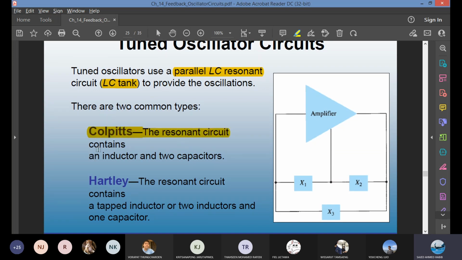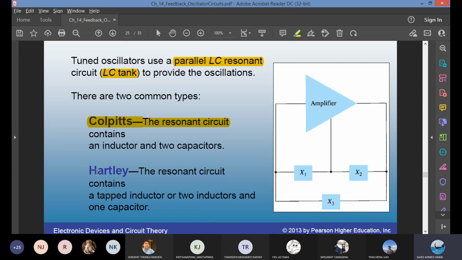The common types are Colpitts and Hartley. In a Colpitts oscillator, you have 2 capacitors and 1 inductor. In a Hartley LC tank circuit, you have 1 capacitor only, and then you can have either 2 separate inductors, or 1 inductor with a tap connection.